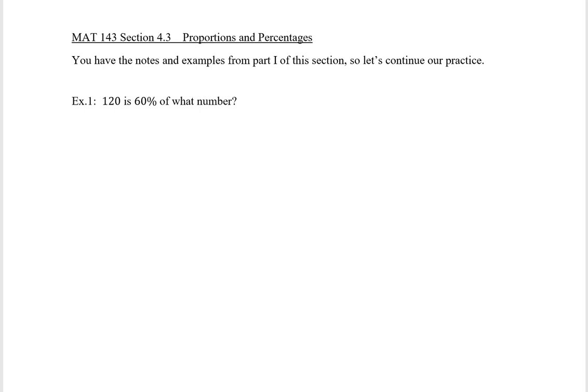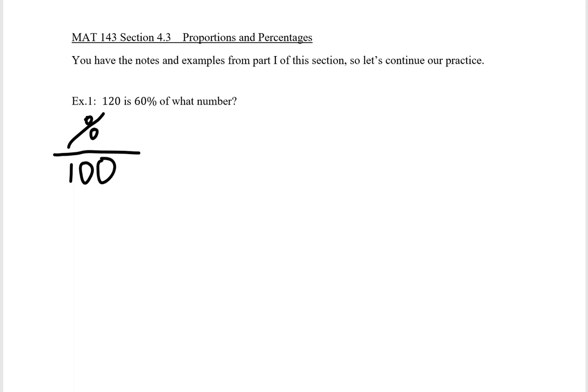So for the first example, we're trying to find a percentage of a particular number. So 120 is 60% of what number? Anytime I do proportions, I like to set them up in a way that it's going to be percent over 100.